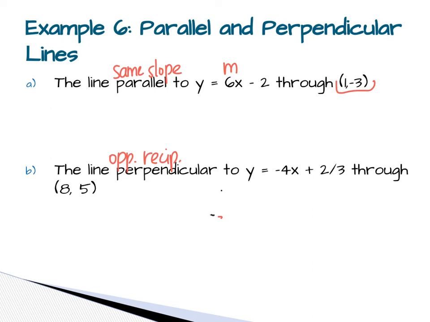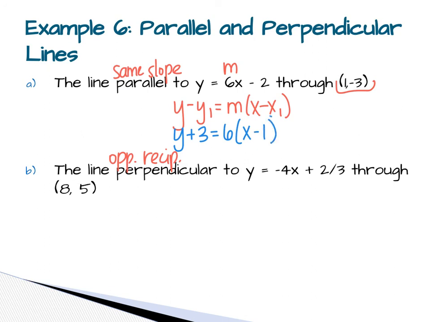I have a point and I have a slope. So I'm going to just plug it into point slope form, which is y minus y1 equals m times x minus x1. When I plug it in, I get y minus negative 3, which is going to be plus 3, equals 6, because that's my slope, times x minus 1.